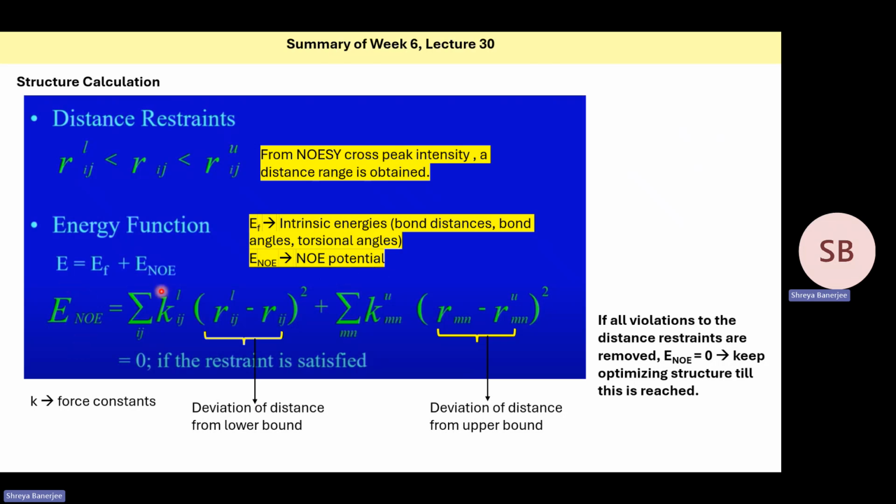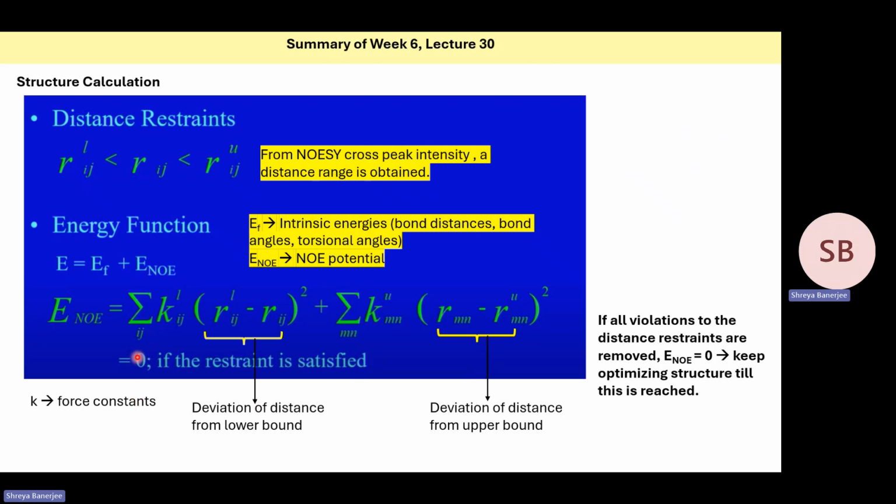Basically, the formula for this ENOE is that you take the deviation of the distance from the lower limit and square it and multiply it with the force constant, and the deviation of the distance between two protons with the upper limit, again square it, multiply with the force constant. This is done for every pair of protons between which we see the NOE. This is your ENOE. Now, if this distance condition is satisfied, the ENOE will turn out to be 0.